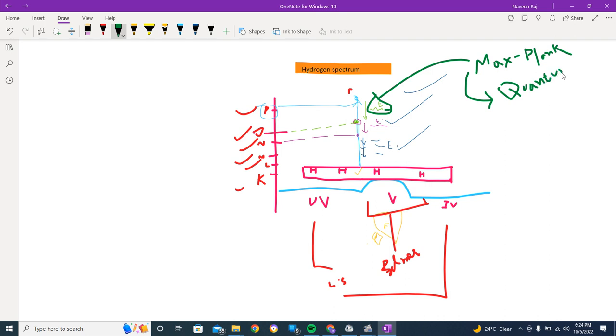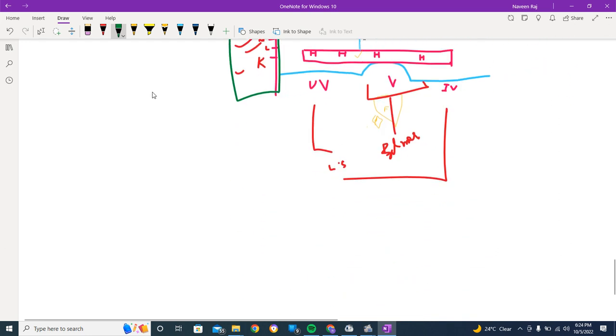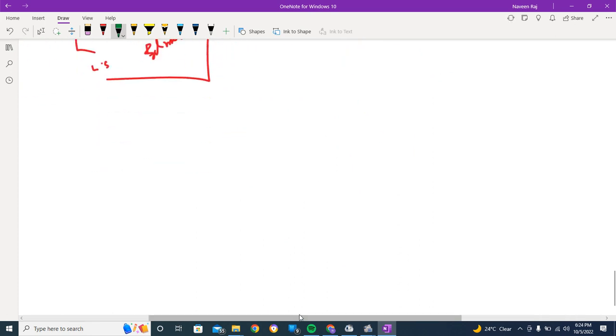In today's video we'll look into more concepts. Till now we have discovered the orbits. Now what happens next? Let me use this slide to make you understand.